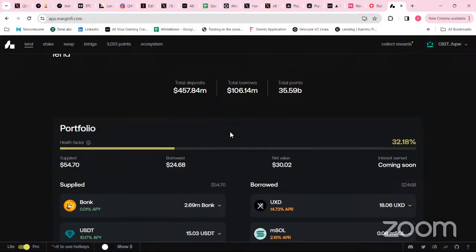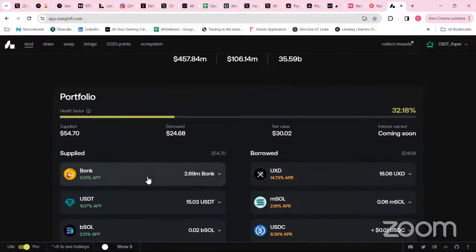The fact that I am now lending my Bonk on MarginFi also makes me eligible for the potential MarginFi airdrop. If you look up here, you can see the amount of points I have, 3,000 points.